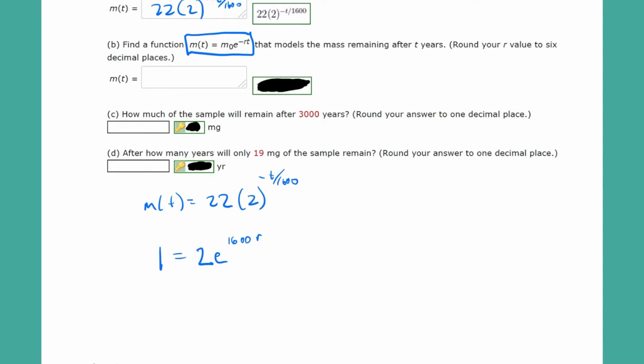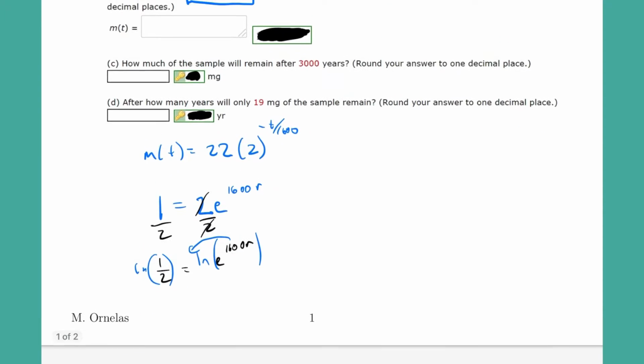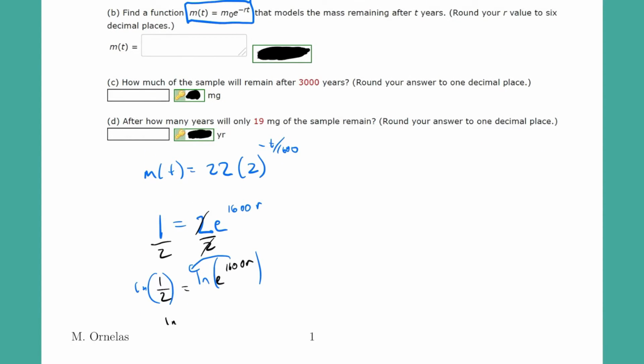So now we need to solve for R, and we can do that by dividing both sides by 2. And then taking the natural log of both sides, bringing down that amount, which is ln of 1/2 equals 1600 r ln of e, which is just, of course, 1, which we don't need to write.